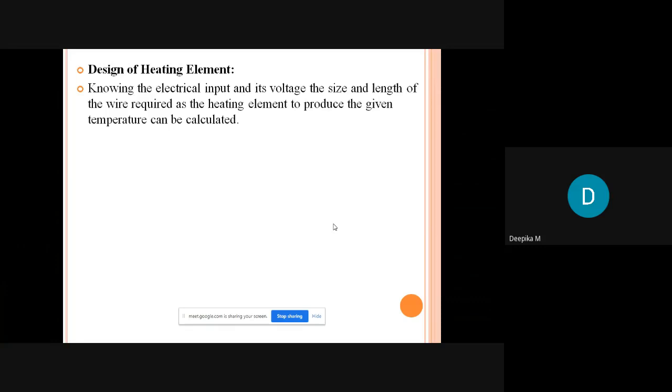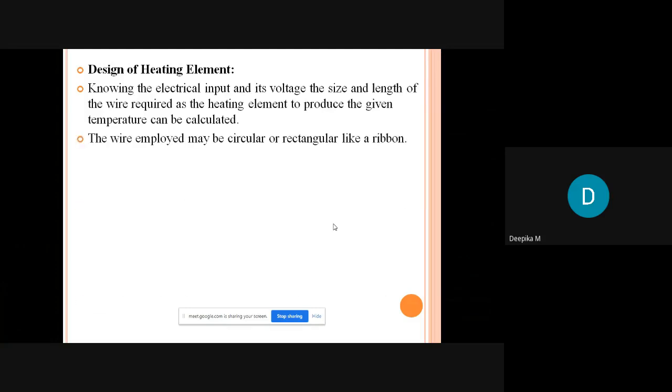By having this data, we are going to design the heating element, and the size and length of the wire required as the heating element to produce the given temperature can be calculated. So by knowing the electrical input and voltage, we can design the size and length, and this size and length will provide the necessary heat.